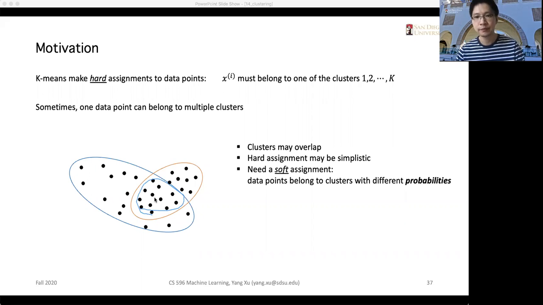A more reasonable way is to allow those data points to belong to different clusters by assigning each data point a probability or a set of probabilities. For example, these data points may be 60% belonging to the orange or 50% belonging to the blue one.